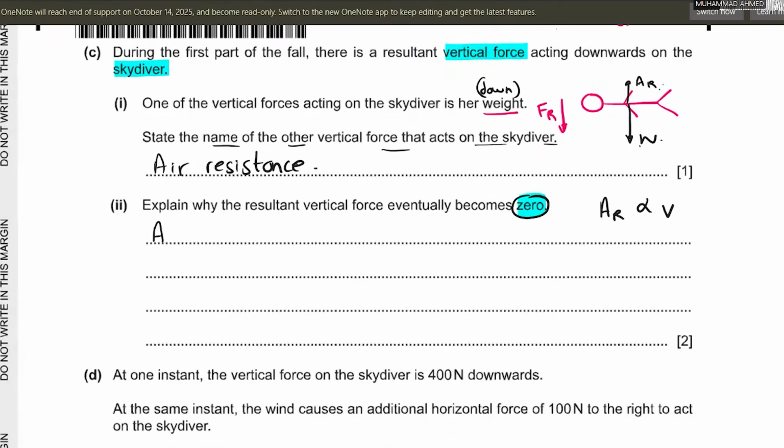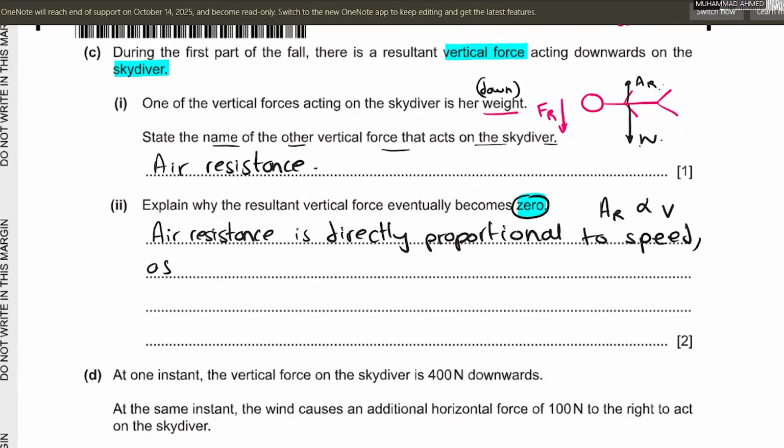Ye toh 2 mark ka sawaal hai, main aapko 3 mark ka answer likhwa deta hoon. Air resistance is directly proportional to velocity or to speed. As speed increases, air resistance AR increases.